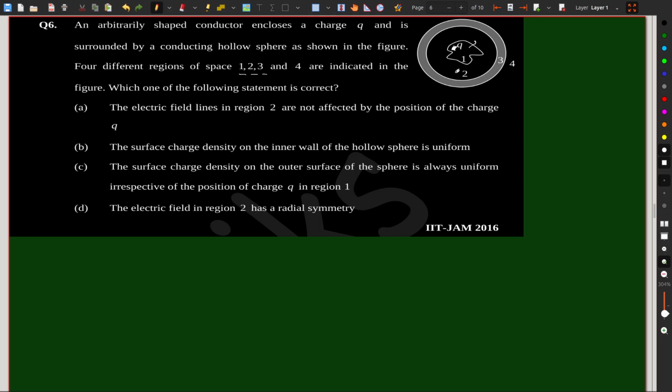This charge creates an electric field that is not uniform, because it is not symmetrically distributed over a symmetric surface. It is distributed on an arbitrary shaped conductor. So the electric field lines will be non-uniform, and because the electric field lines are non-uniform, the position will affect them.